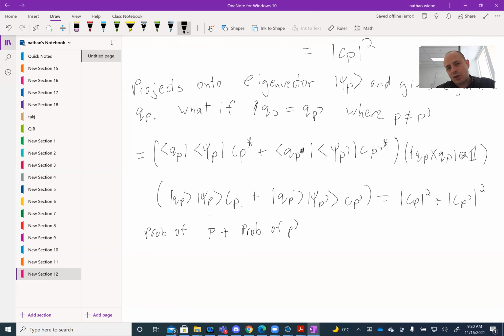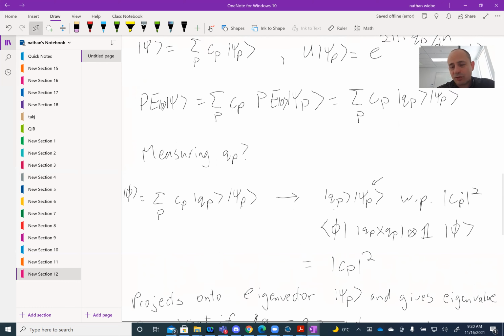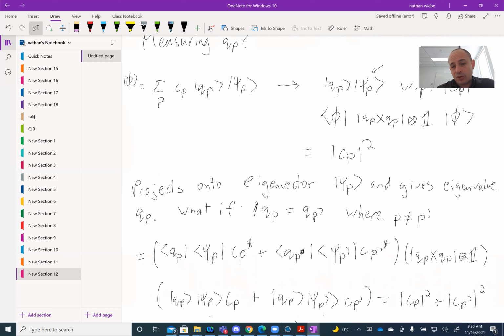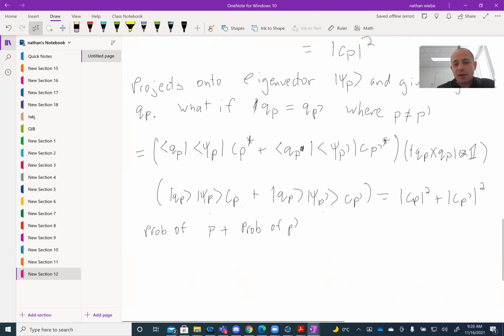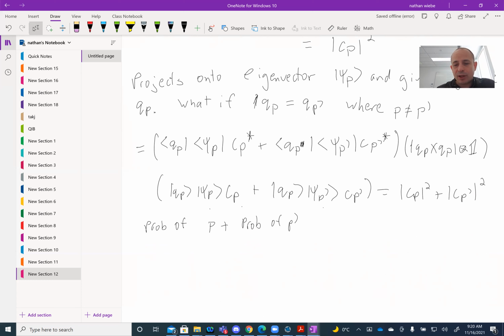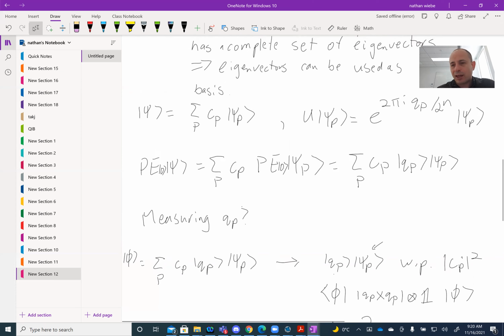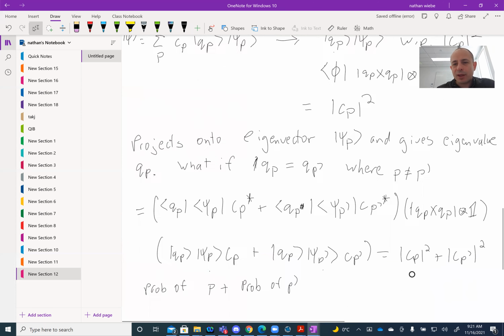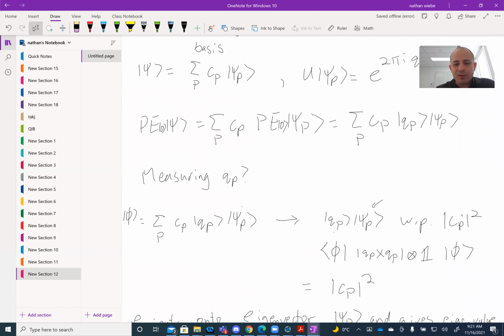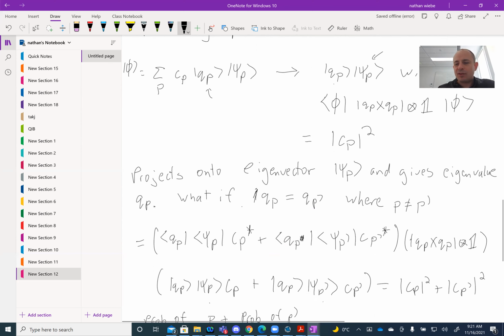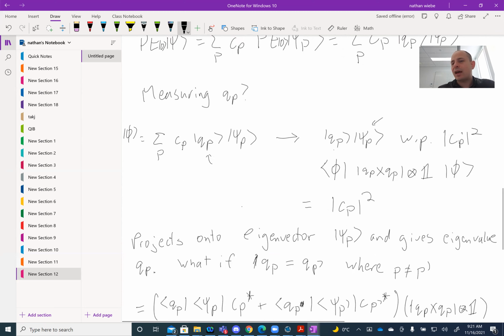So if we end up with a situation where we can't distinguish, or it turns out it's impractical to distinguish between the two values, then the resulting quantum state that we will end up getting out will actually be a superposition of the two eigenvectors. So while this measurement does a measurement in this basis, we're not guaranteed what linear combination of the two vectors we're going to project into if they have the same value of q_p. Okay, and so that's the only caveat that I wanted to mention.